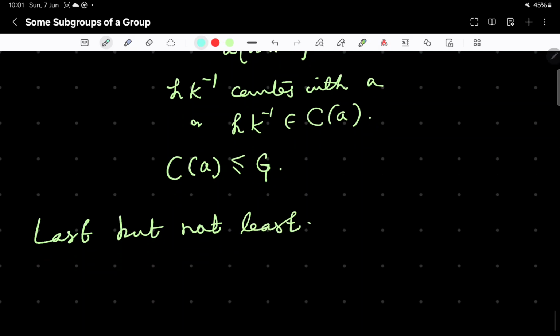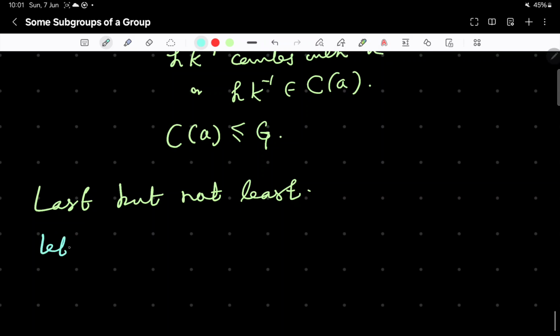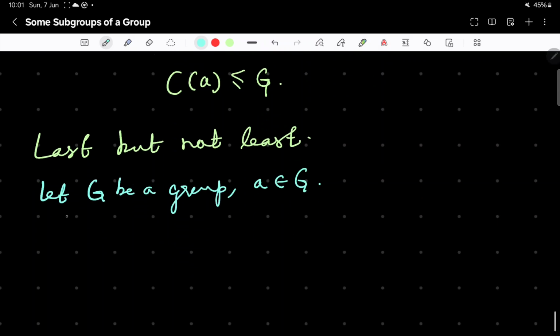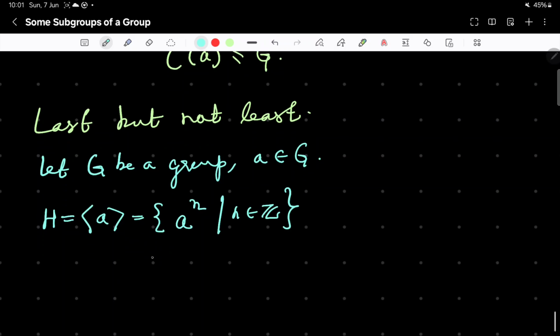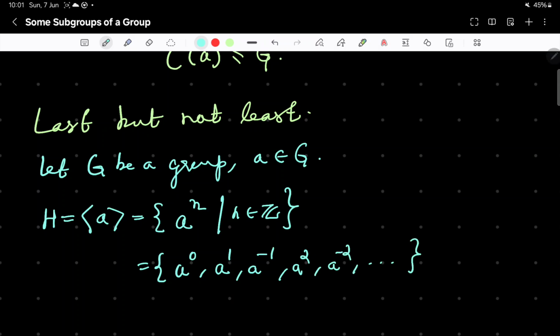Okay, so let G be a group and A is an element of G. Then we denote a particular subset H like this, and the notation is A power n, where n belongs to Z. We take all the integer powers of A. So everything will be there: A power 0, A power 1, A power minus 1, A power 2, A power minus 2, like that it goes on. So the complete thing.